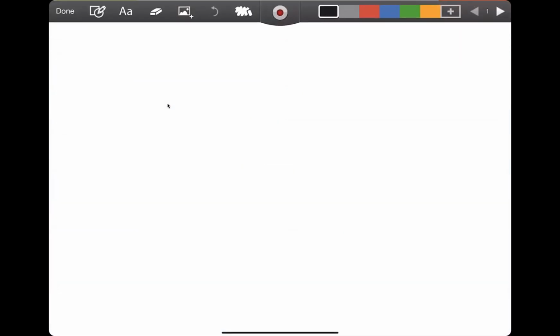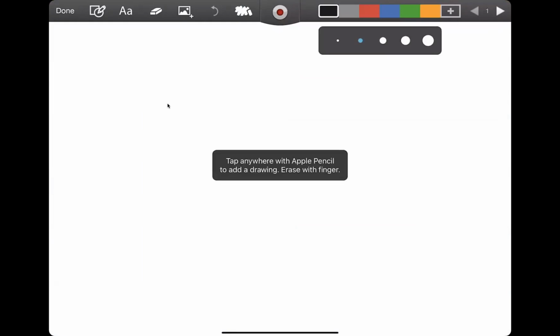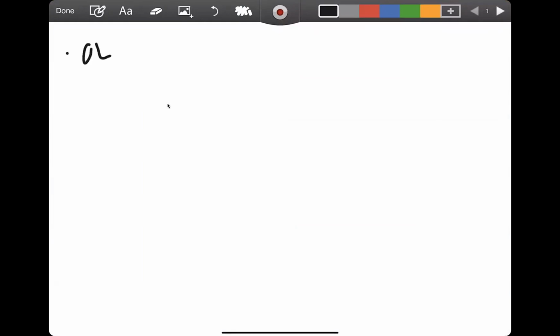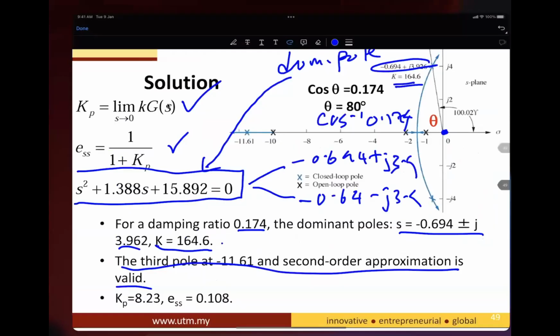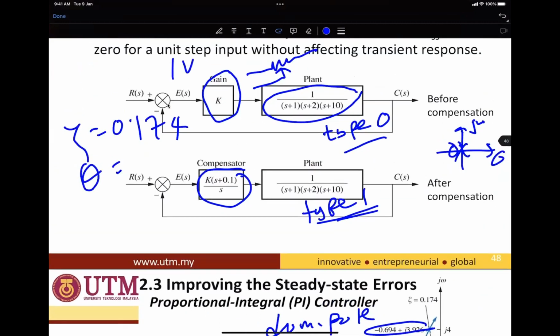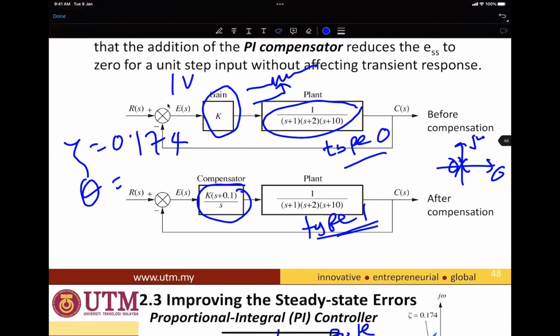Okay, look here. How do I get that? First is the open loop transfer function. G is equal to K over, can you read for me, Sanzira? S plus 1, S plus 2, S plus 10.